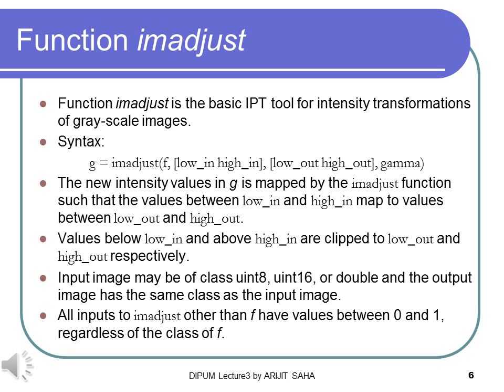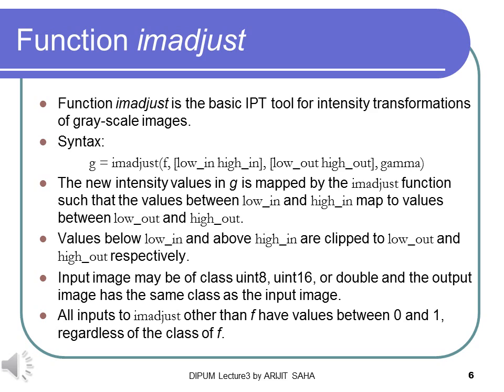The new intensity values in g are mapped by the imadjust function such that the values between low_in and high_in map to values between low_out and high_out. Values below low_in and above high_in are clipped to low_out and high_out respectively.